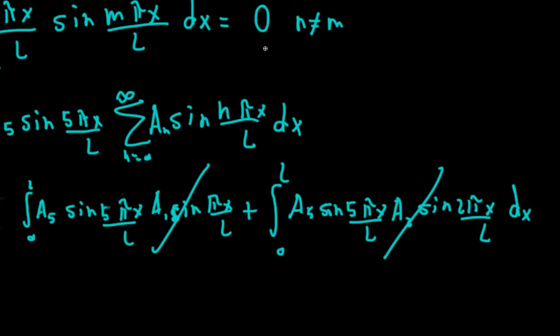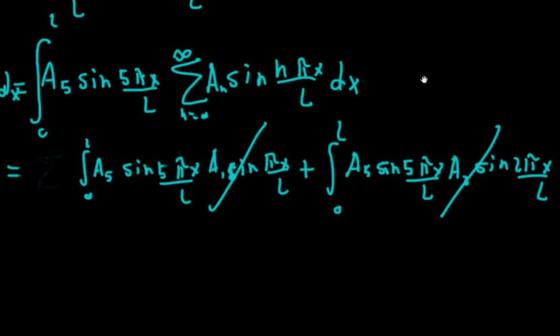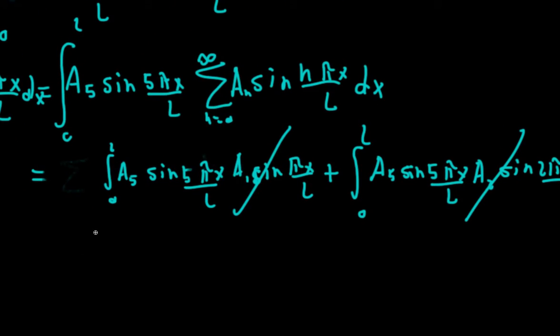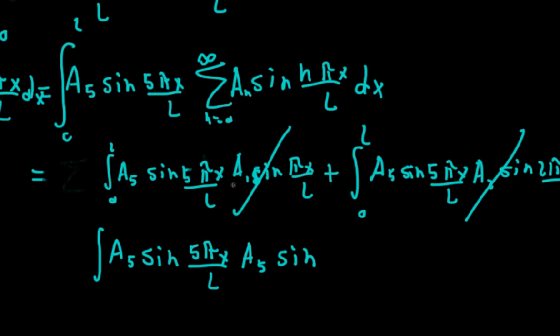Wait a moment. And what happens when it's not 0? What happens when we reach the point when we have a5 times the sine of 5 pi x over L times a5? I mean, at some point, in the fifth one, we are going to be multiplying by the same constant and by the same function.